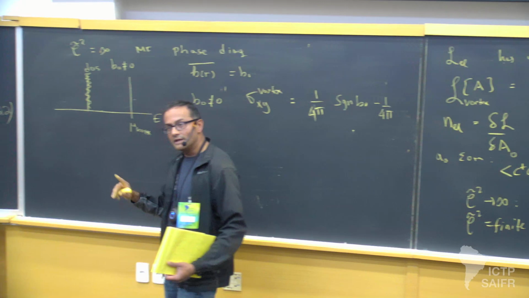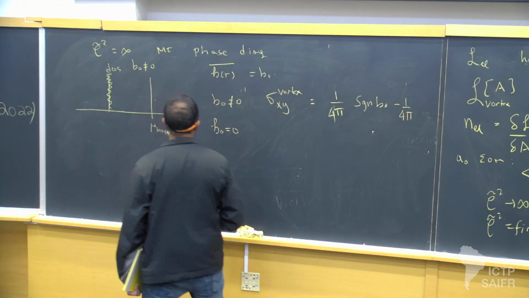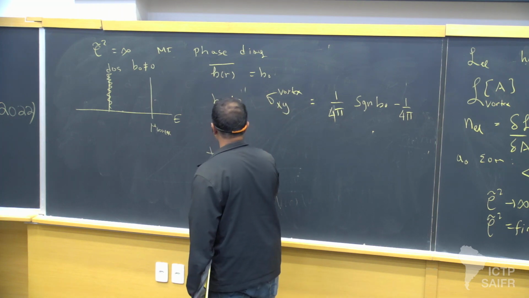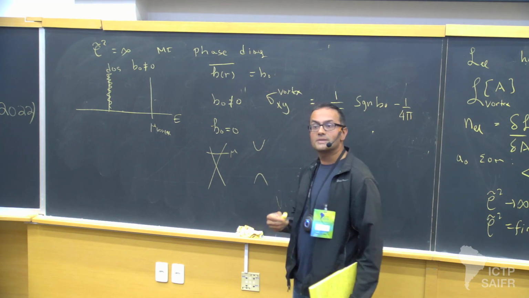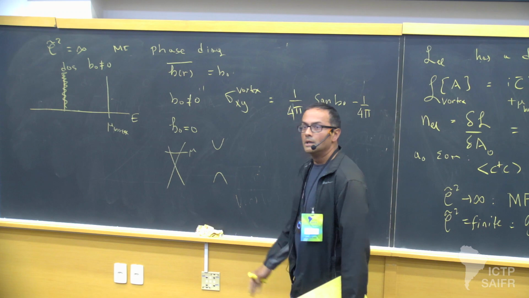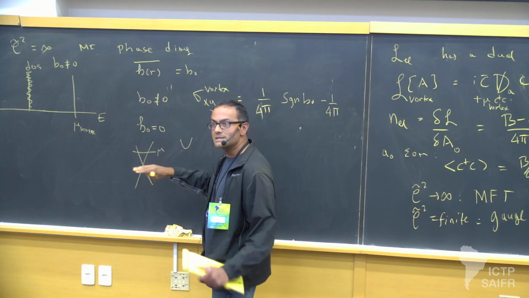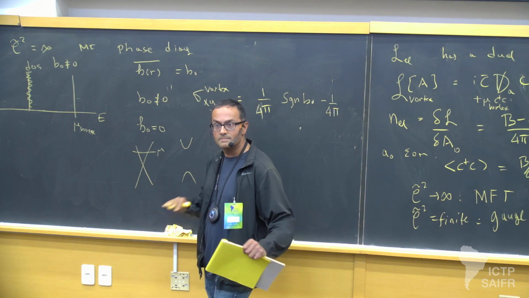But the very interesting thing that happens here is what happens when B naught is equal to 0. So you have the problem of Dirac electrons at finite chemical potential with a massive partner, and they're both subject to a random vector potential, whose average is 0. So we know from this, the massless fermion has a statistical time reversal symmetry. It cannot generate a Hall conductance by symmetry.